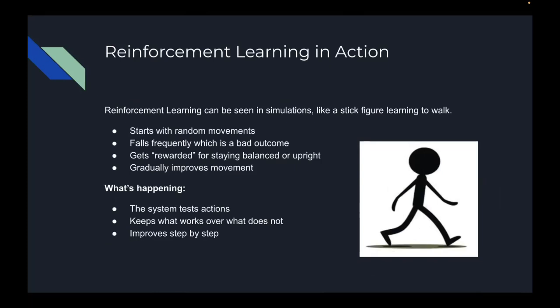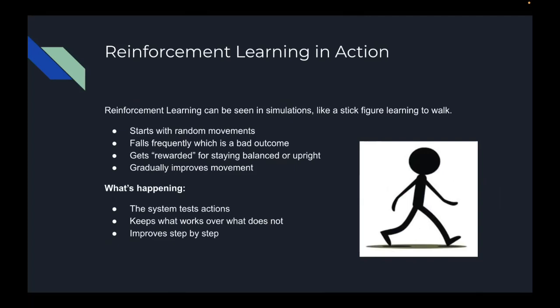When you actually watch reinforcement learning in action, like in a simulation where a stick figure is learning to walk, the process becomes very clear, and I feel like it helps overall understanding. At the beginning, the system has no knowledge at all, so it makes completely random movements. The figure might fall over immediately or move in weird, awkward ways that don't look like walking.